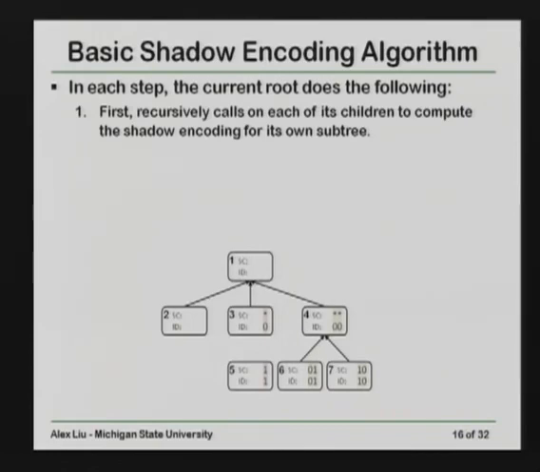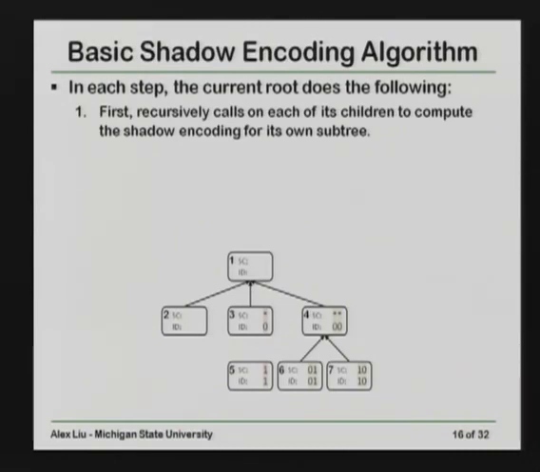For example, at the level of state 1, it has 3 subtrees. One subtree is 1 and 2, another is 3 and 5, we're missing one edge, and also the subtree 4, 6, and 7.